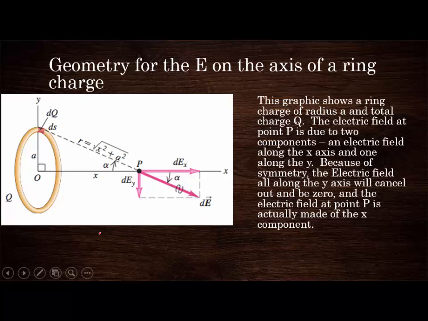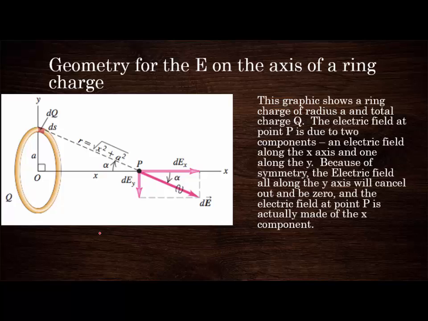What they're asking for is the electric field at a point along the x-axis. They call this point P. Here is your ring, and they say this ring has a charge of Q on it. We're going to look at this little tiny sliver of distance along this ring, which they call ds in the picture.